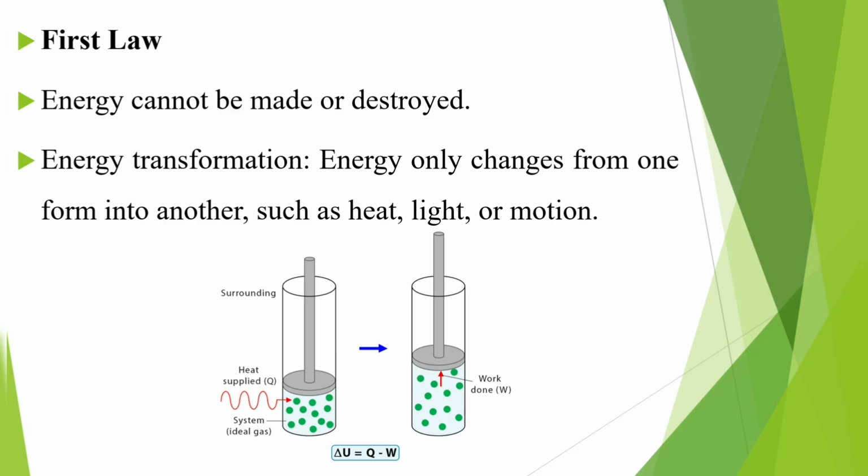Next we will discuss the first law of thermodynamics, which states that energy cannot be created or destroyed. It can only change from one form to another. What are the core concepts? The main thing you have to remember is energy conservation: the total energy of an isolated system stays the same. Another thing is internal energy, expressed as U or E, the total energy stored inside a system.